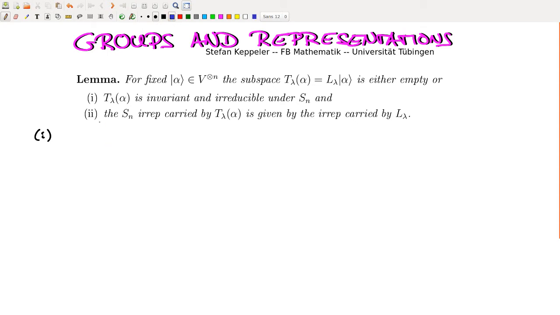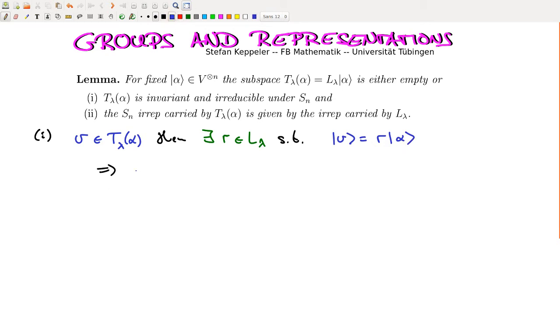So to this end, consider some vector of T lambda alpha. Then there exists some element, let's call it R, in this left ideal L lambda, such that R times alpha is just V. So V is R applied to alpha.